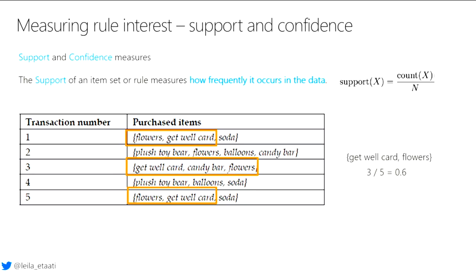So the support value for this becomes 3 divided by 5: 3 occurrences of purchasing the 2 items together, divided by the total number. This is support, and it's really important in designing the market basket analysis.